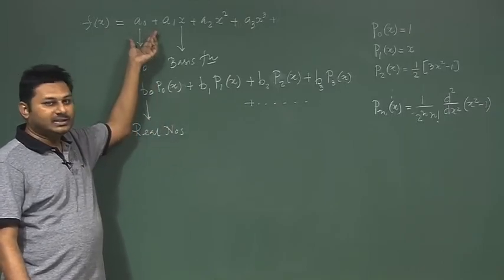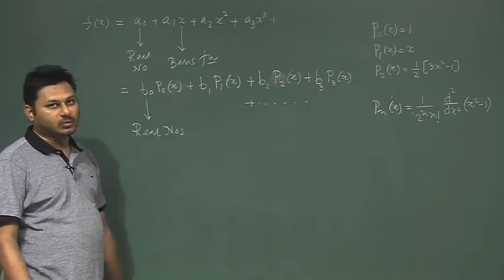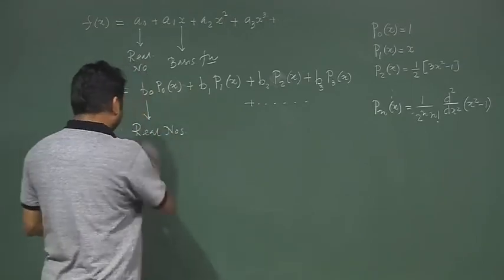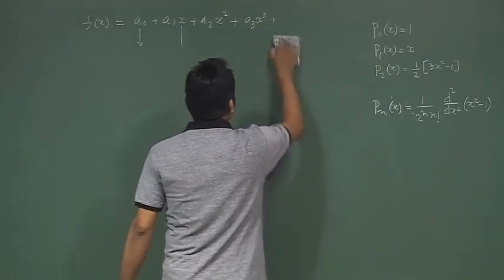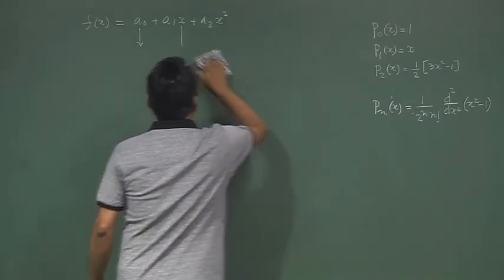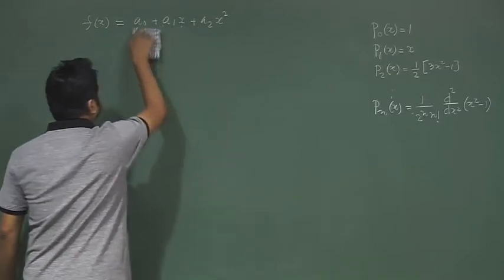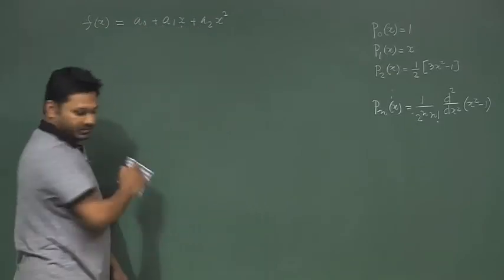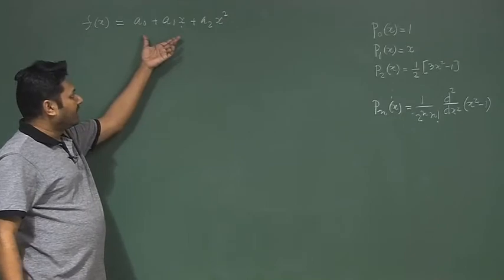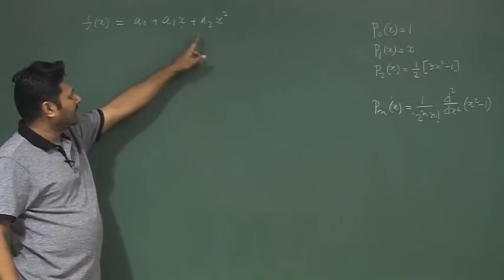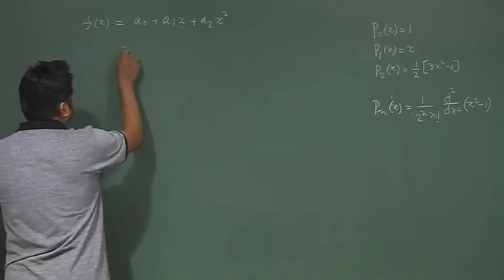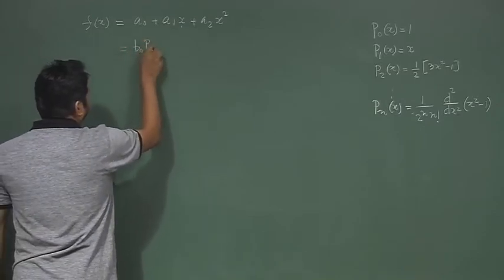Here if I write A0, I need to write B0, B1 and so on. Now, you can readily find out the relation between these two. So, now I write explicitly, and let us take it up to this, say some function is given like this, and you are asked to find out the relationship between A0, A1 and A2 with this quantity.